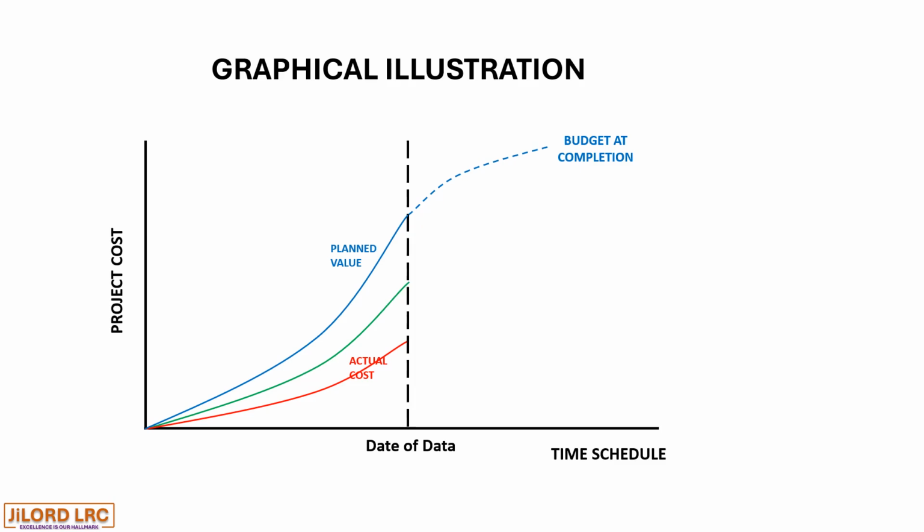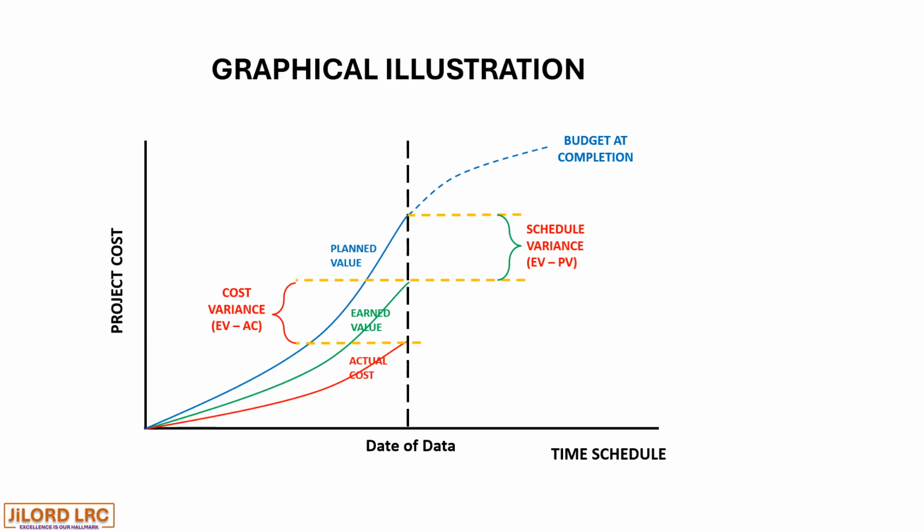Let us interpret what the schedule variance and the cost variance will look like. The schedule variance is earned value minus planned value. In this case, the earned value is lower than the planned value, and therefore there will be a negative schedule variance.